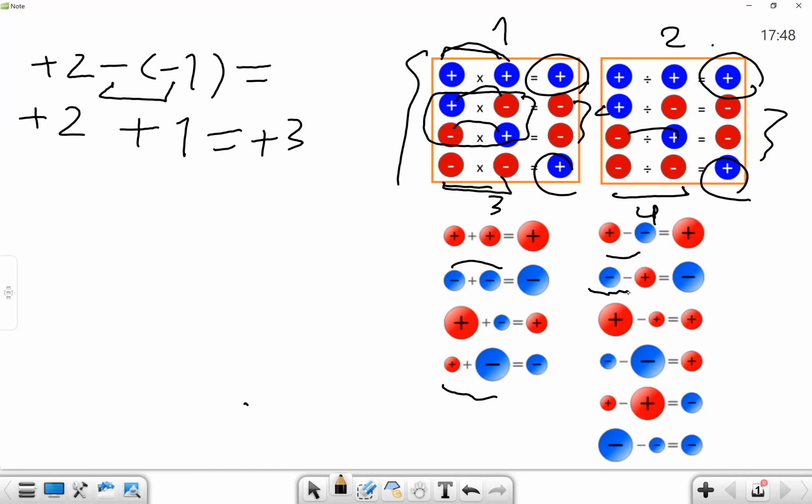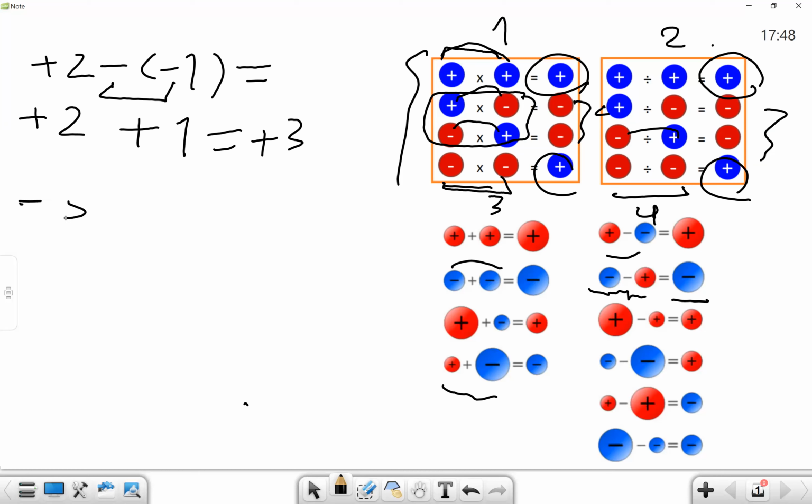Negative minus positive. If the answer is negative, it means the negative number is greater than the positive one.